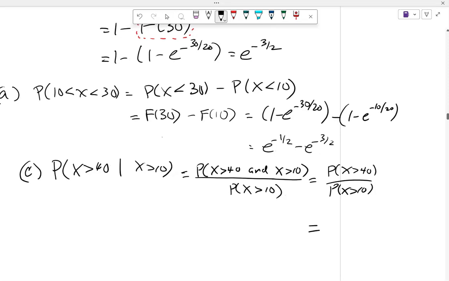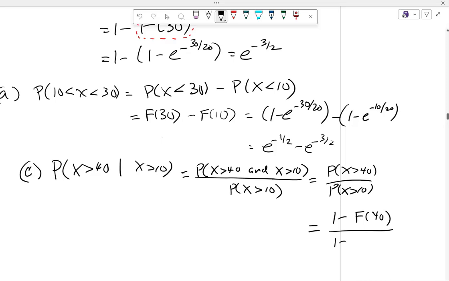And now, can you rewrite these in terms of the CDF again? Yeah, but probably it's less than or equal to 40, so I'll just go ahead and write it as F of 40, right?